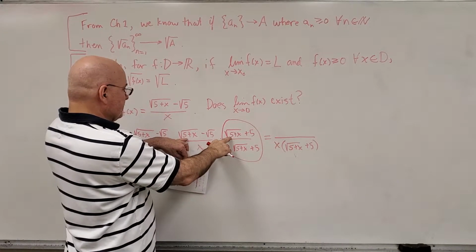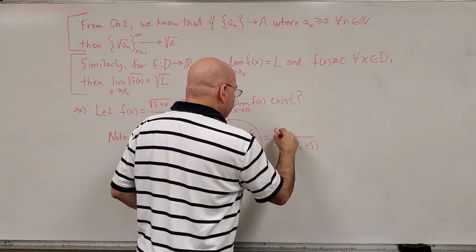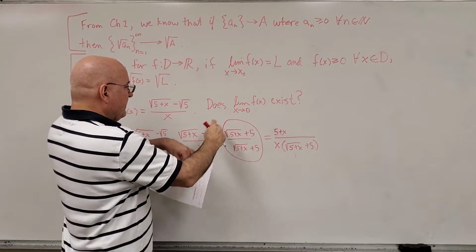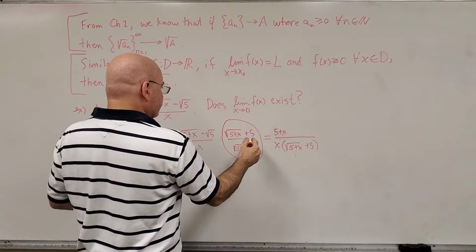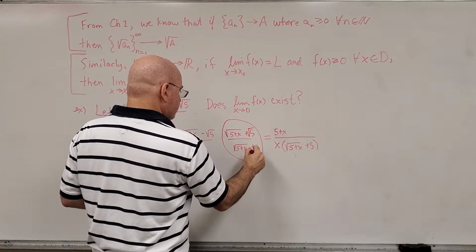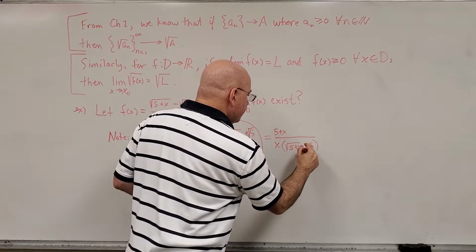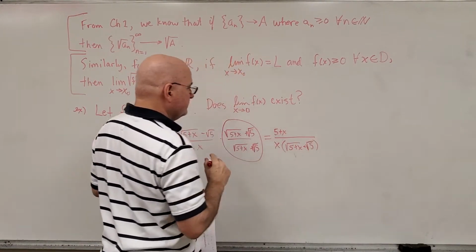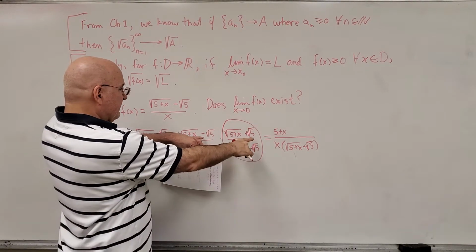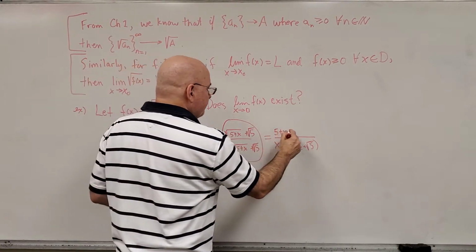First times first is radical 5 plus x times radical 5 plus x, which is 5 plus x. Oops, I made a mistake here, that needs to be a radical 5, and that needs to be a radical 5. The outer and inner cancel out, and the last is negative radical 5 times positive radical 5, which is negative 5.